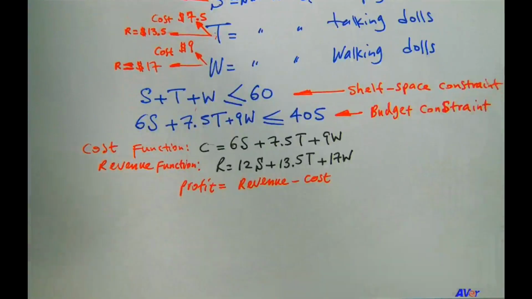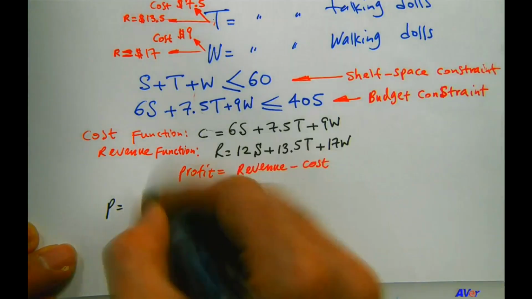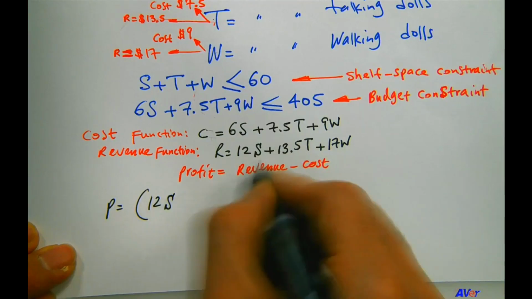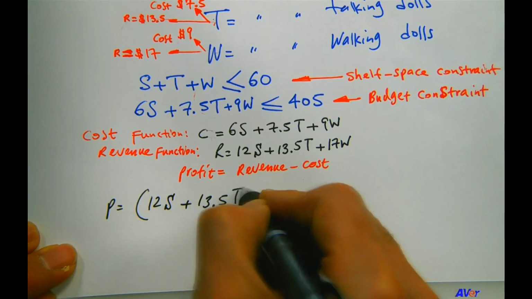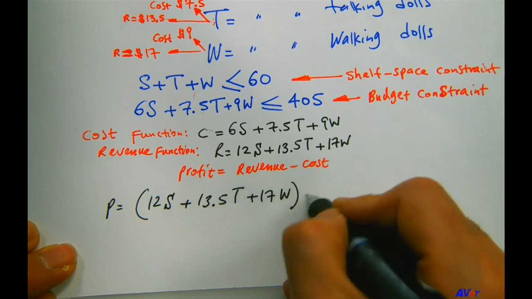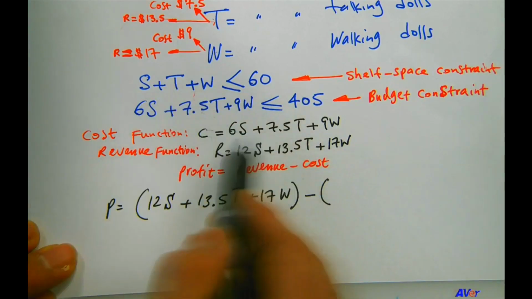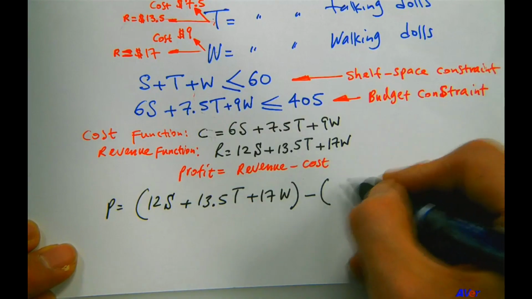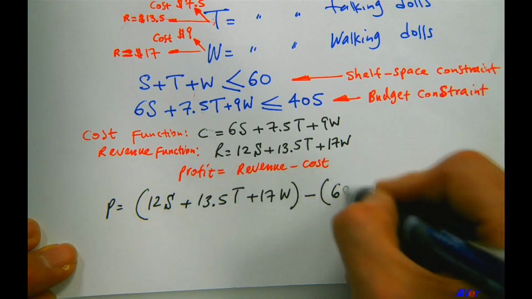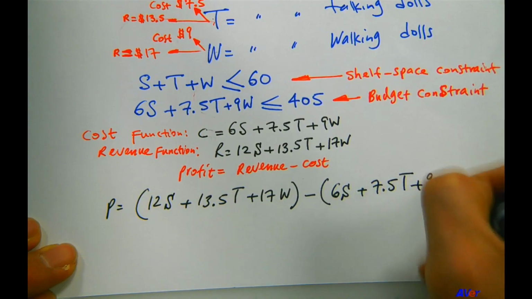Okay, so that means that P is equal to all of this, the 12S plus 13.5T plus 17W, all of that, which is revenue, minus all of the cost, so 6S plus 7.5T plus 9W, right?